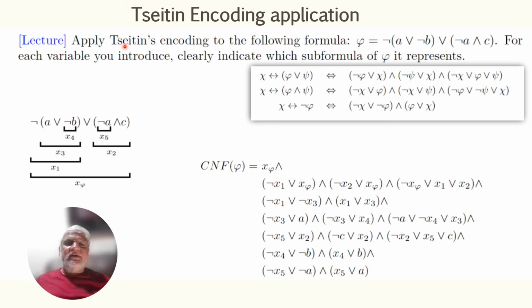Let us apply the Tseitin encoding to the following formula. So here phi equal to NOT of A plus B bar OR of A bar and C. This is the equation. So here this is x phi, which is having x y written as x1 plus x2. So for this OR equation, we can take the already available formula here.